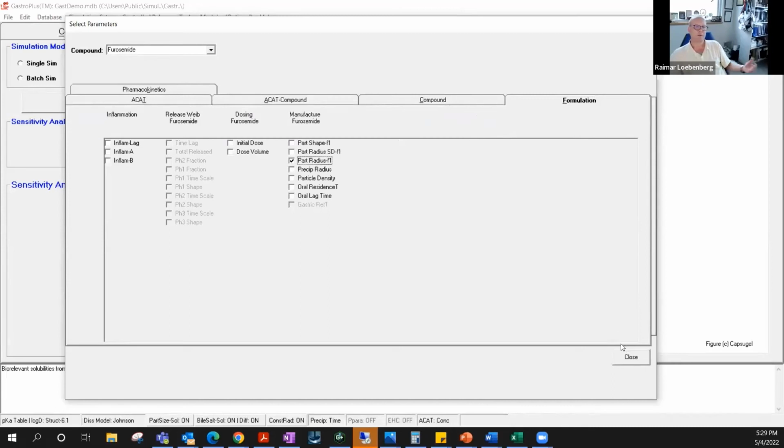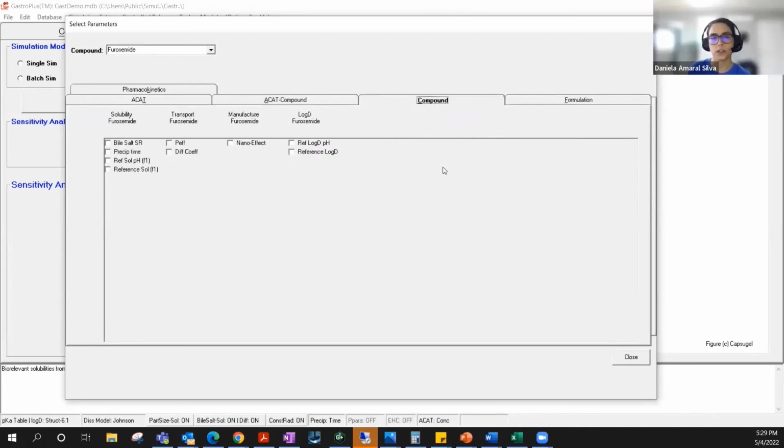So what would be the hypothesis? That yes, decreasing the particle size will probably improve the bioavailability. And another aspect that the students thought of was permeability as well. So then we would do the exercise so they would understand what permeability would look like.